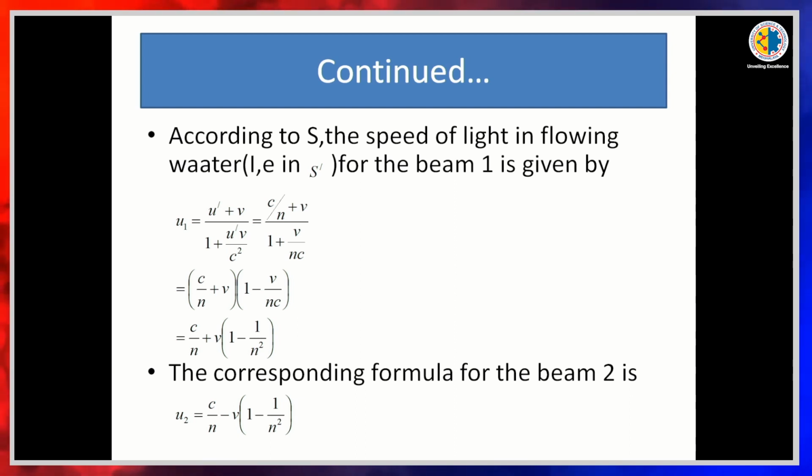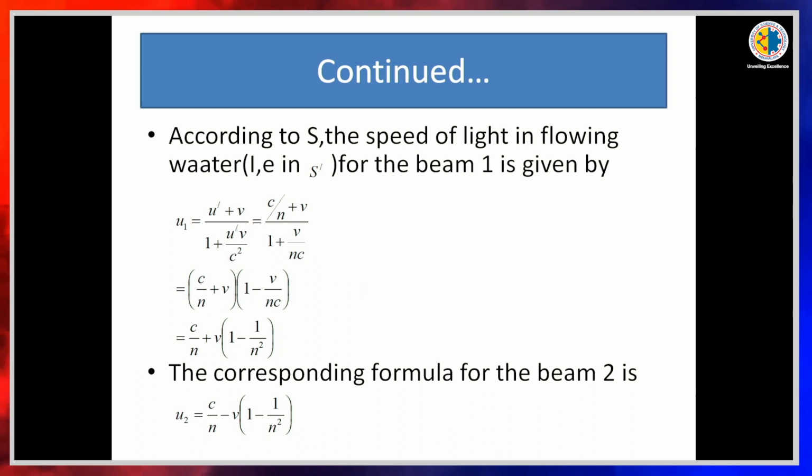U1 is the velocity of beam 1 and U2 is the velocity of beam 2. The first term, C by N, is the same in both rays, and the second term, V into 1 minus 1 by N square, is also the same. The only difference is the plus sign between the terms in the first and the minus sign in the second.